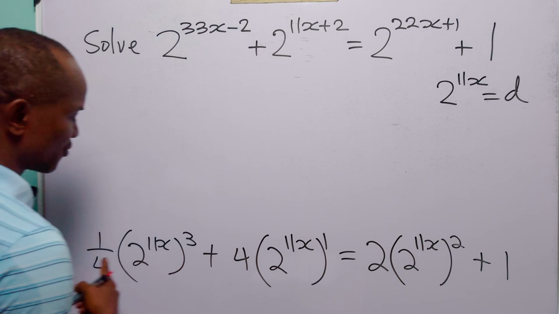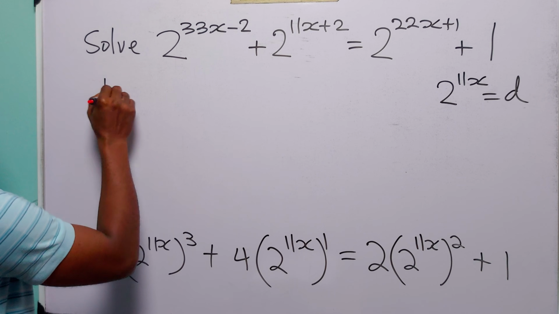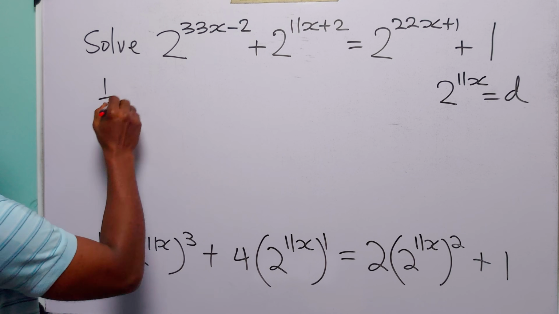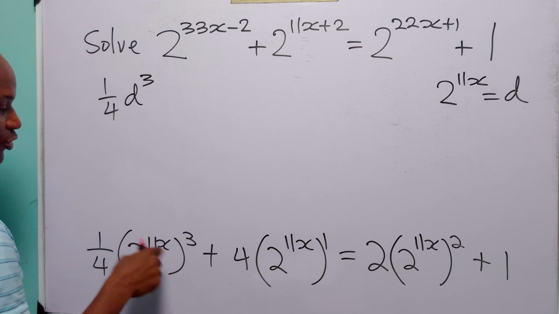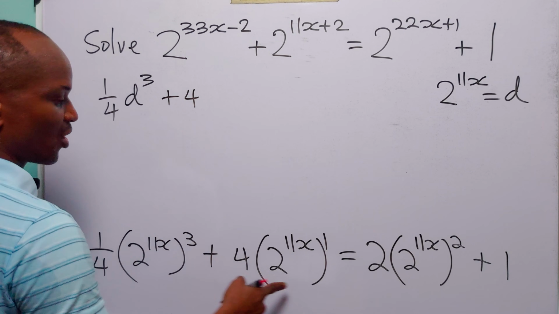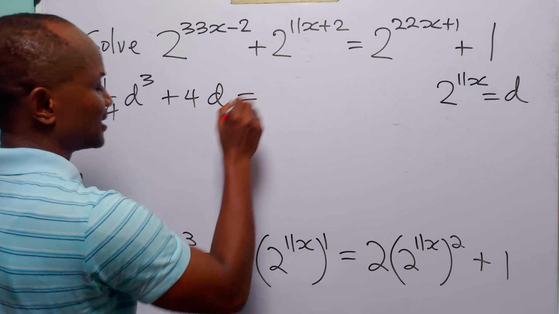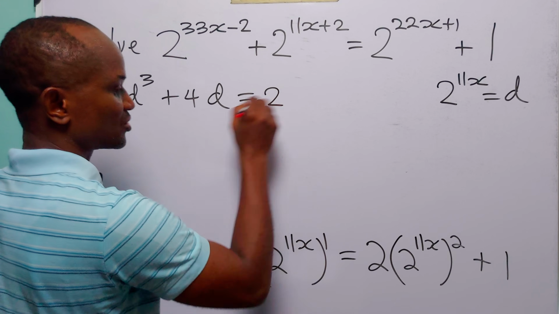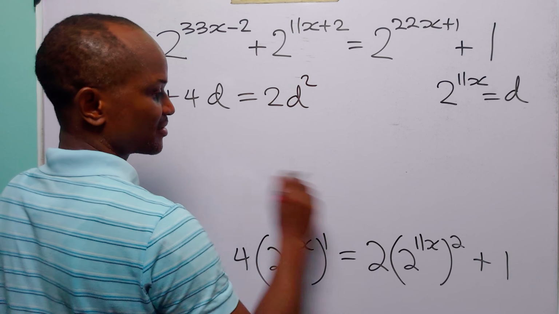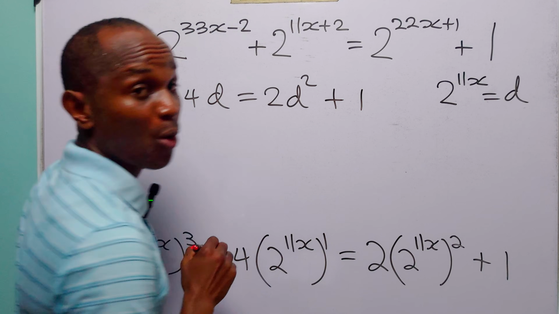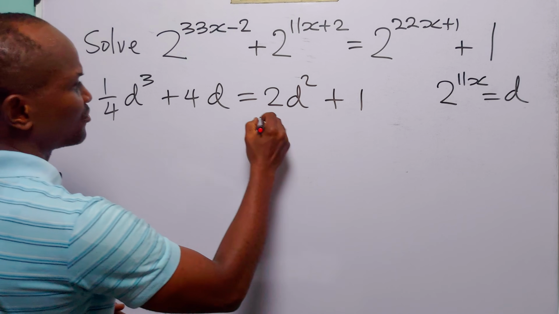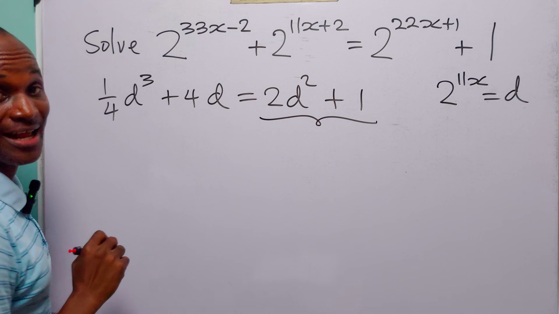Now with this substitution, we can write this equation as 1 over 4 d cubed plus 4d is equal to 2d squared plus 1. Let us move these two terms over to the left-hand side.